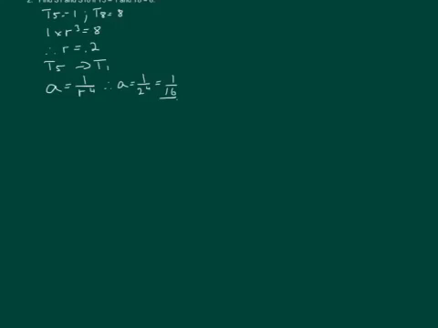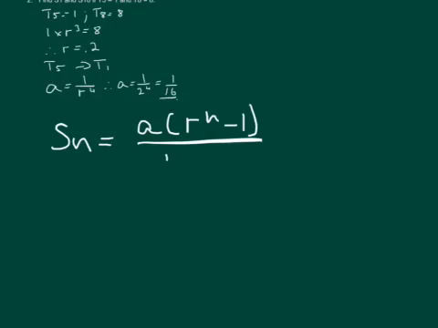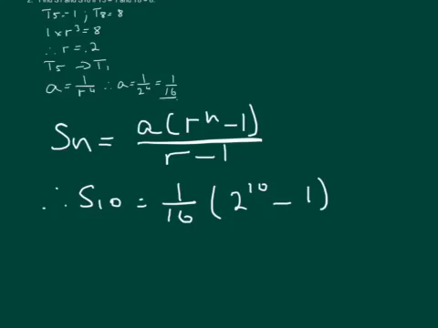Okay, so Sn equals a(r to the n minus 1) all over r minus 1, and so the sum of the first 10 terms is going to equal a, we said, was 1/16. r is 2, and we're going to raise it to the power of 10 because we're finding the sum of the first 10 terms, over 2 minus 1.